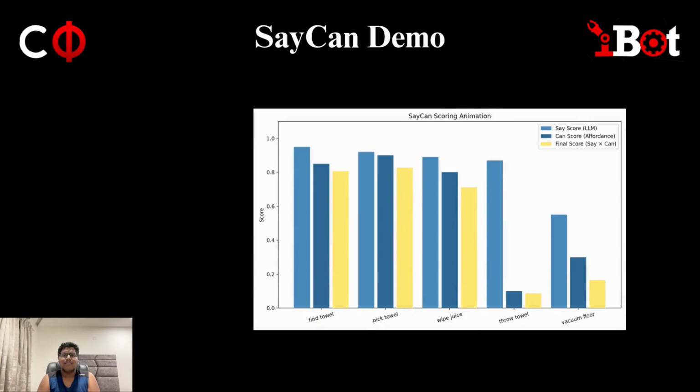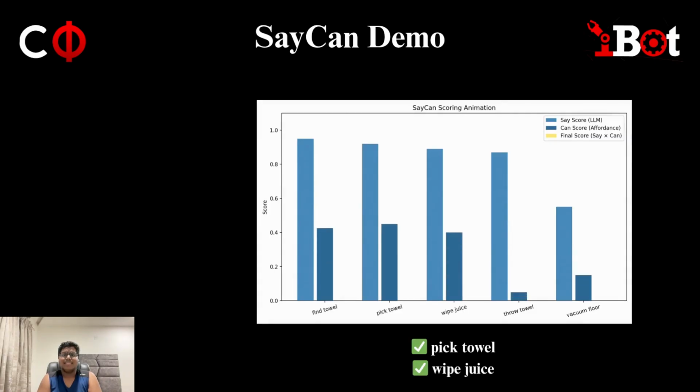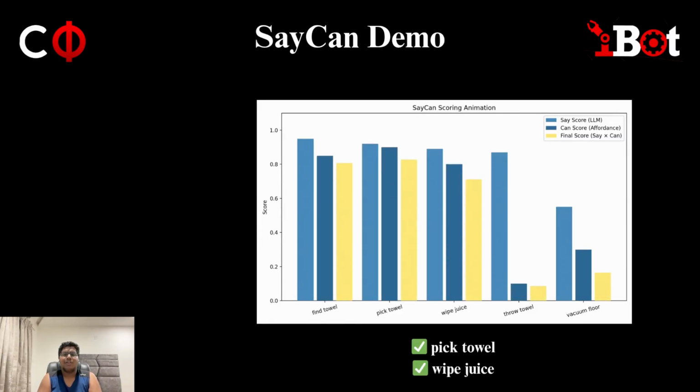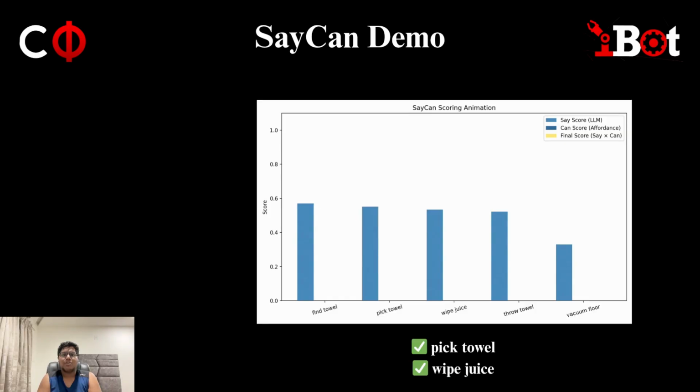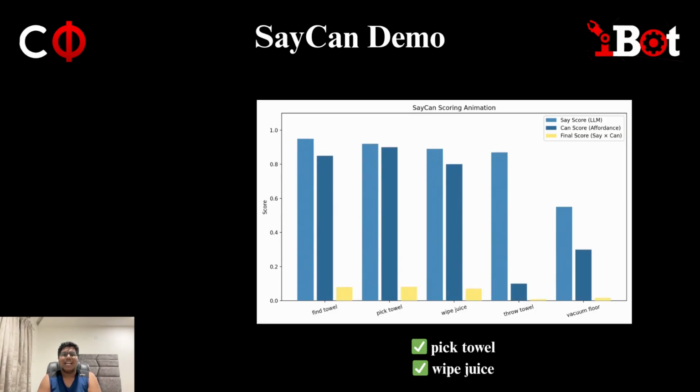Multiplying both the scores gives us a combined ranking. It lets us identify actions that are both meaningful and doable at the same time. This becomes the final plan that SayCan follows. The robot cleans the juice but skips throwing the towel away because the action isn't currently feasible.